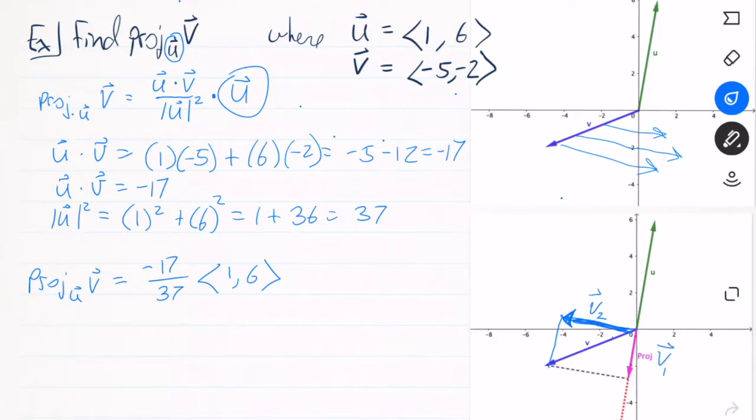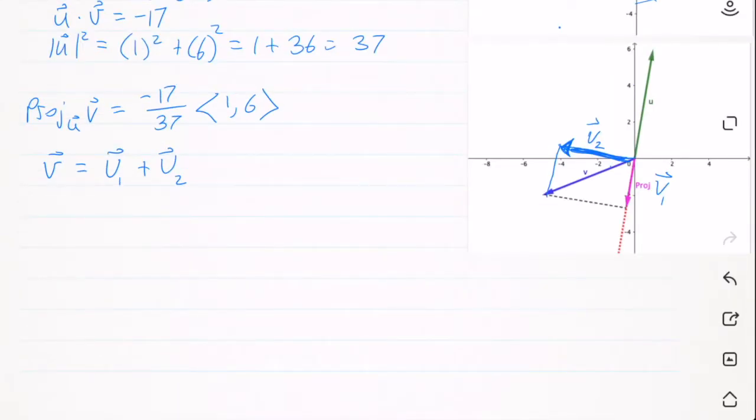These two are going to add up to the vector that I started off with, which was v. So v is equal to the vector v1 plus the vector v2, because that's what it means to be a sum of vectors. It's the diagonal of a parallelogram, in this case, a rectangle.